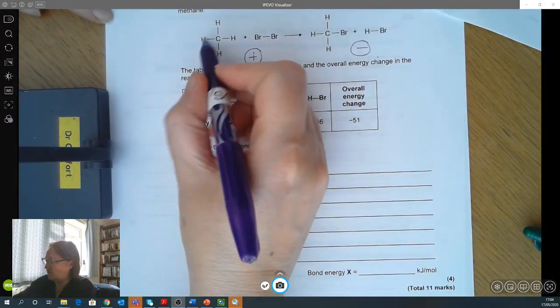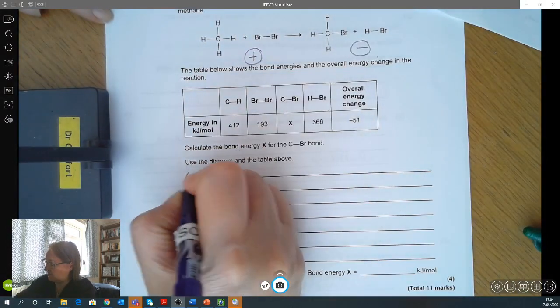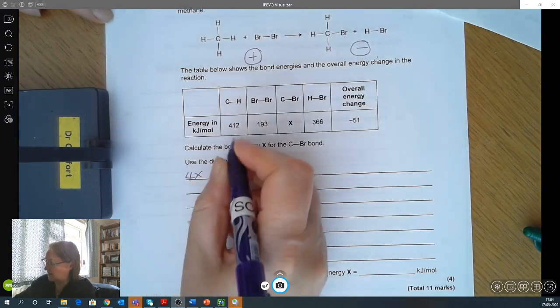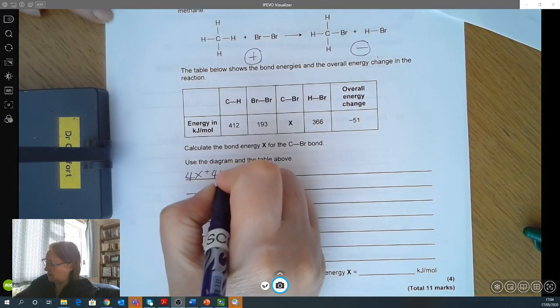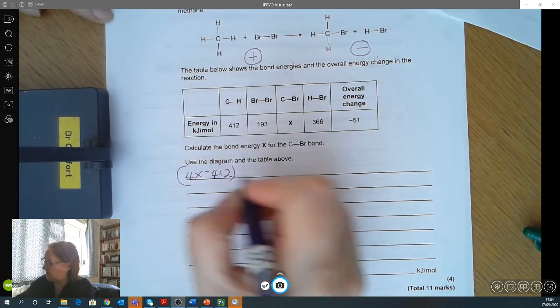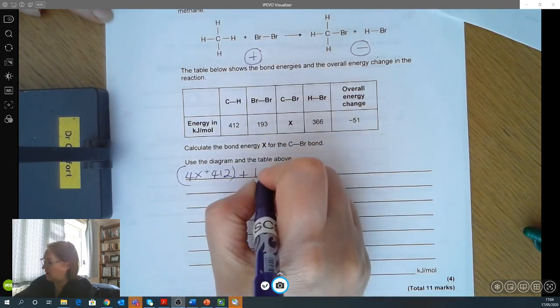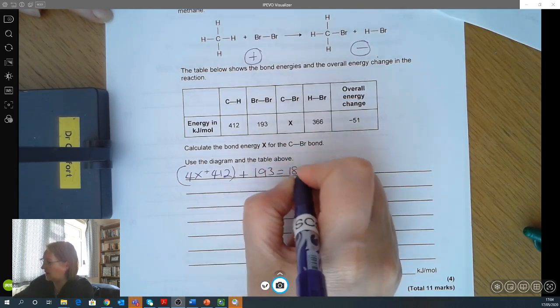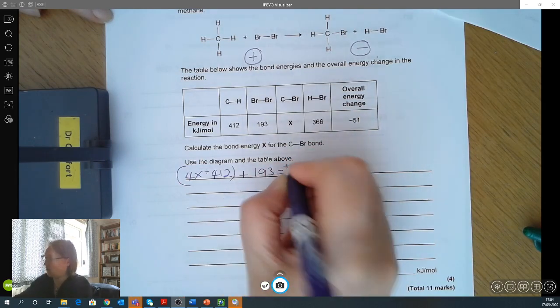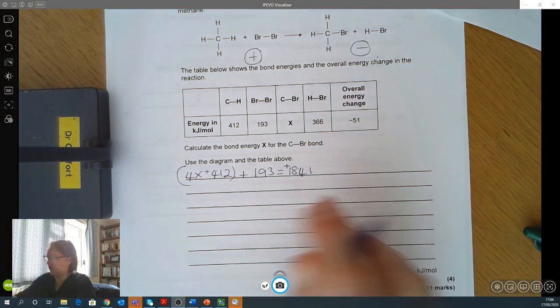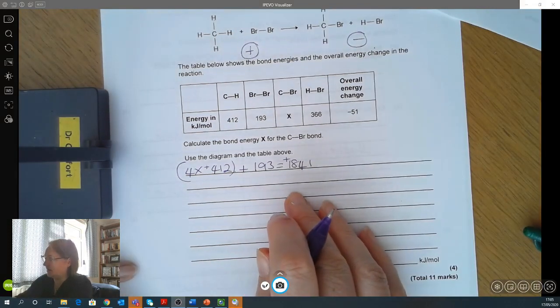So I've got 4 C-H's, 4 times 412, which is the plus side, added to 1 Br-Br, 193. So on that side I've got plus 1841. I'll actually go on to the next line down for the other side.